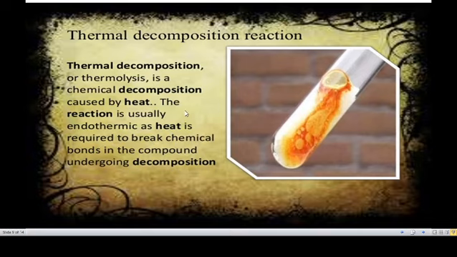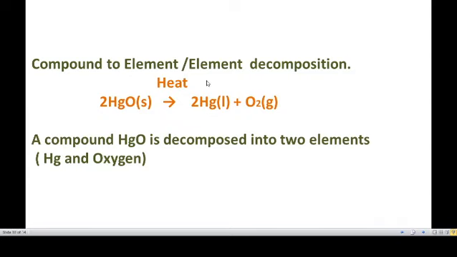This is a compound to element decomposition reaction applying heat. 2HgO, after heating, is converted into 2Hg plus O2. The compound HgO is decomposed into two elements, Hg and oxygen.